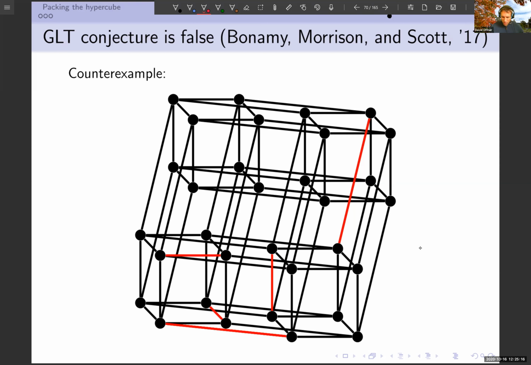And what is this monster? This is Q5 minus 5 carefully chosen edges. So if I take Q5 and I delete the red edges, that's going to be a counterexample, and I can show you briefly why.